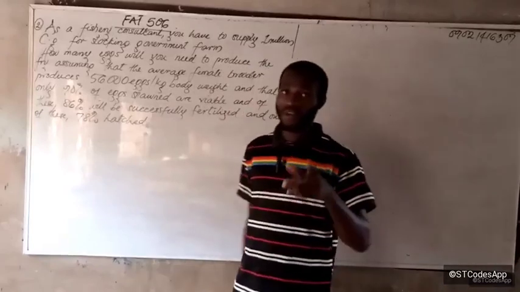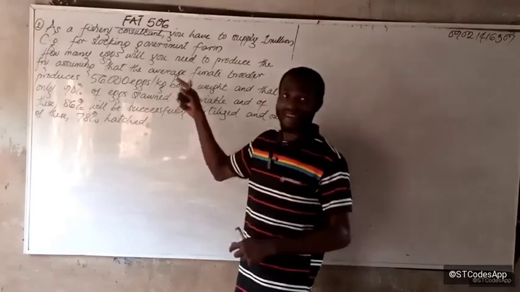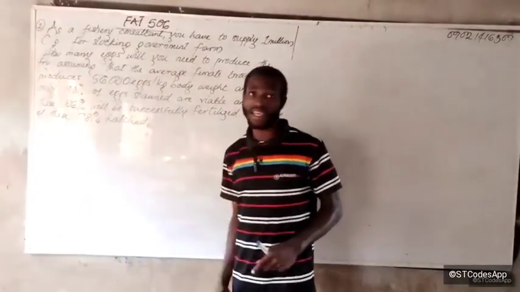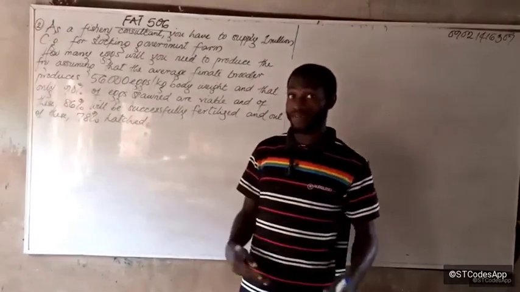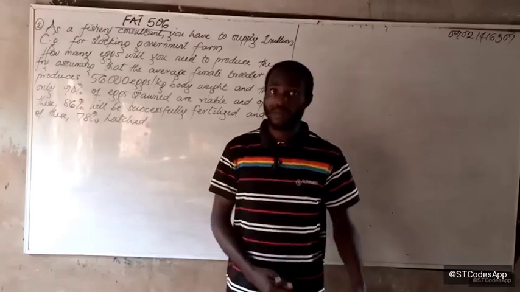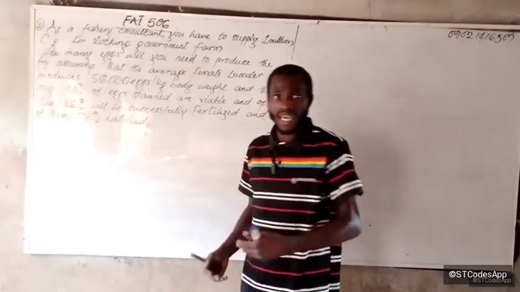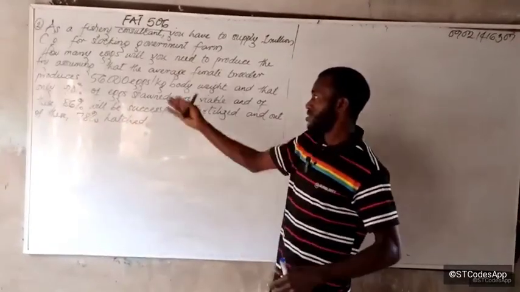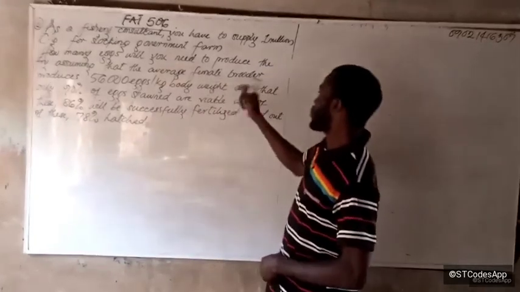So, as a pointer to what I explained the other time, 56,000 eggs per kg. So this makes sense, unlike saying 750 eggs per kg the other time. So you see, it solidifies the information I said the other time that it has to be like maybe 750 eggs per gram, so that we have at least some 75,000 eggs per kg. You understand? So this makes sense to say 76,000 eggs per kg body weight.